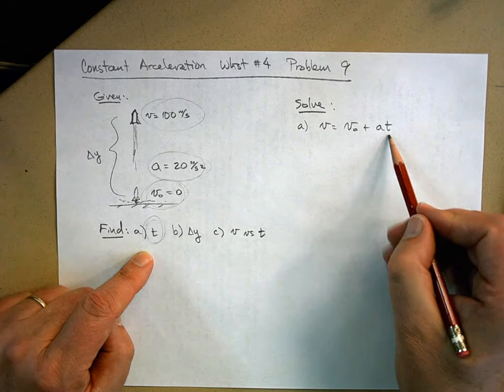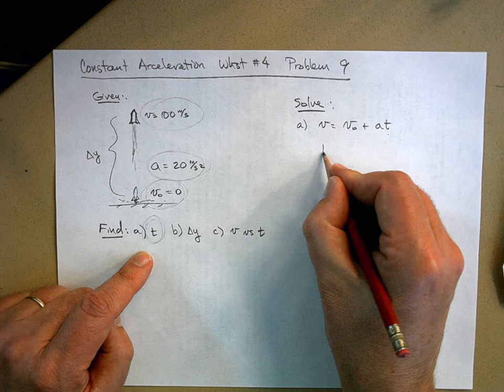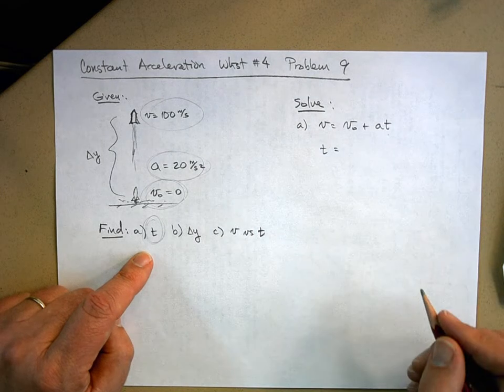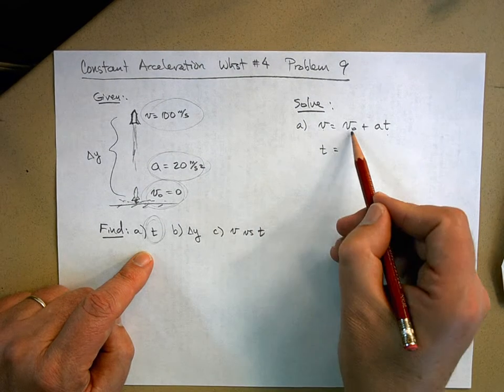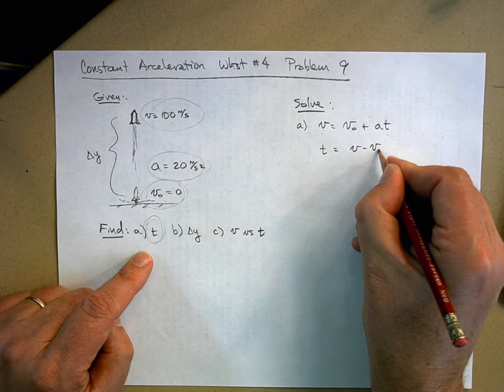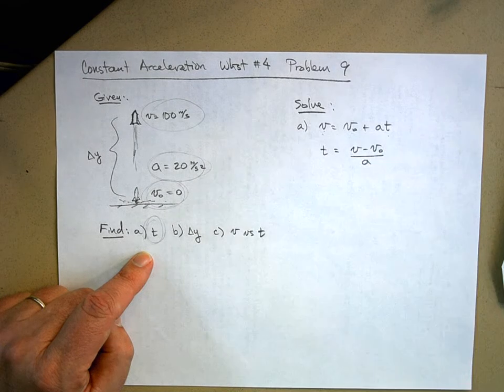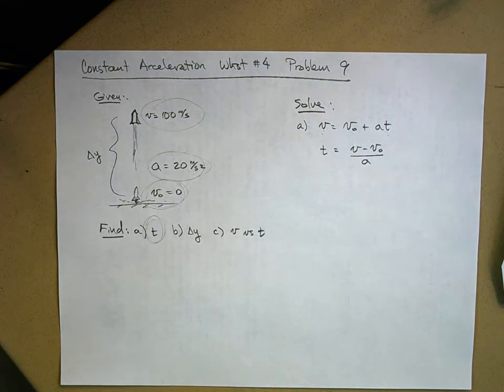But now I'm going to solve it for time. I'm going to do this in one algebra step: subtract V naught from the other side, and then to solve for time I divide by the acceleration. You see how I did that? In one fell swoop. All right.